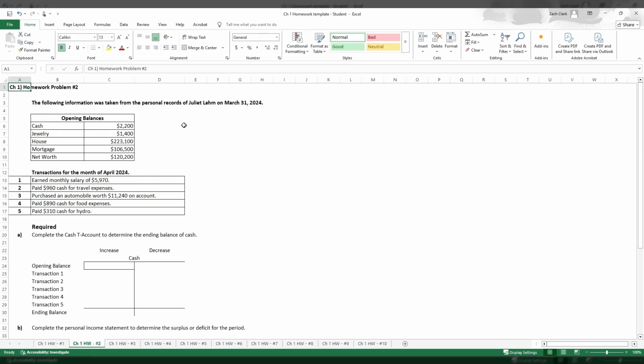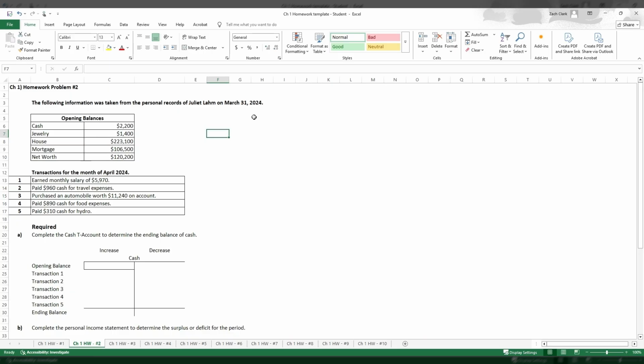So in homework problem number 2, it tells us that we have some information taken from personal records, and we call these opening balances. So this would be our starting balances, if you will, at a given month or a given accounting period, maybe a year. Here we're talking about a month. It says March 31st.